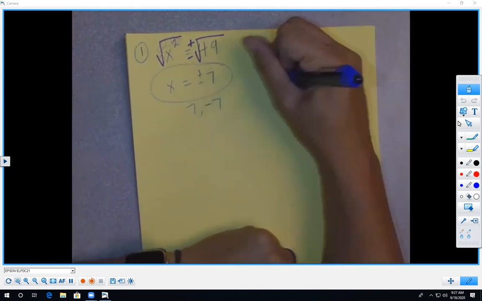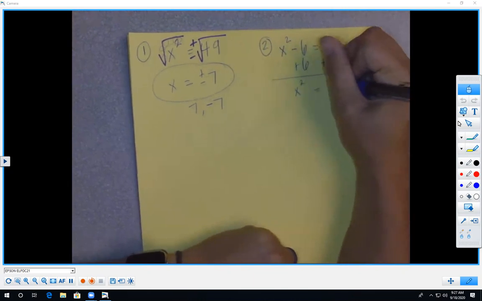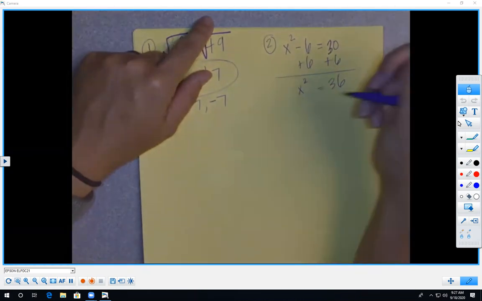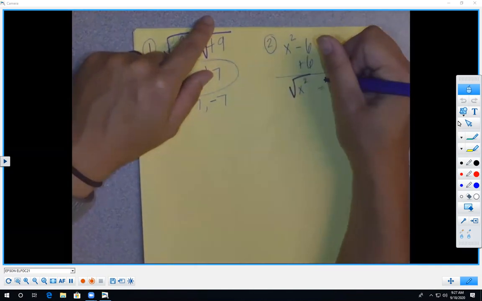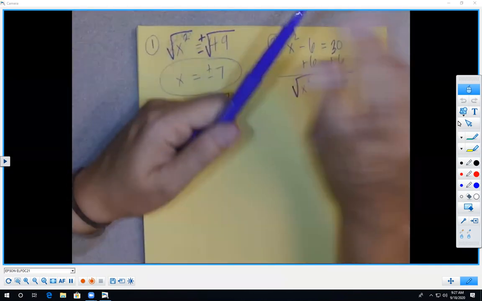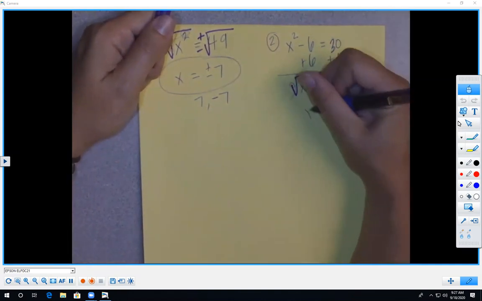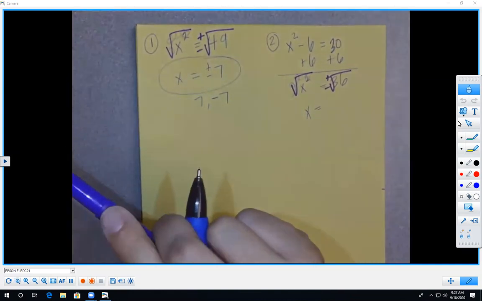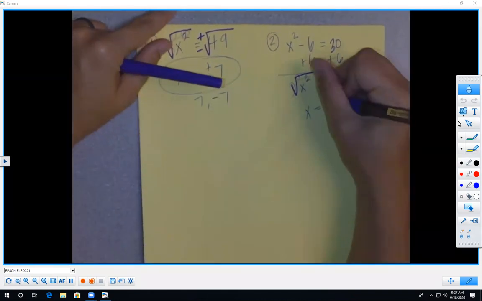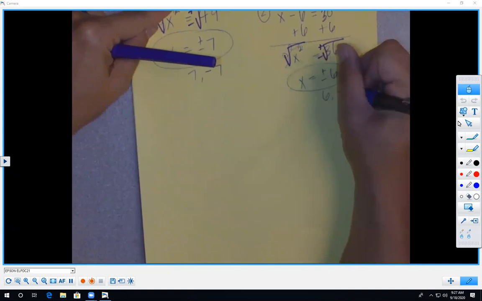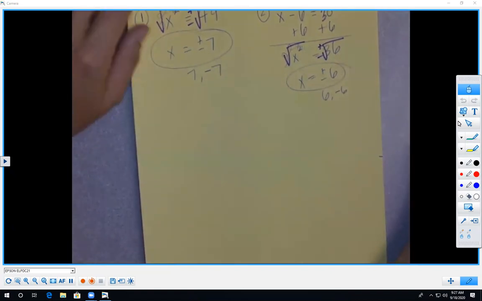So when I add 6, I get x squared equals 36. How do I solve for x now? Take the square root. Don't forget your plus or minus. So the square root and the square undo each other. What is the square root of 36? 6. So it's plus or minus 6, which, what two answers is that? Positive 6 and negative 6.